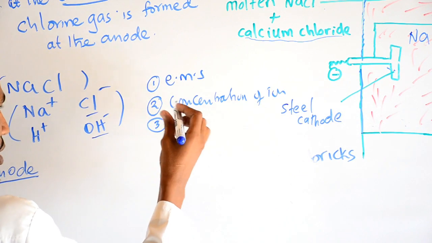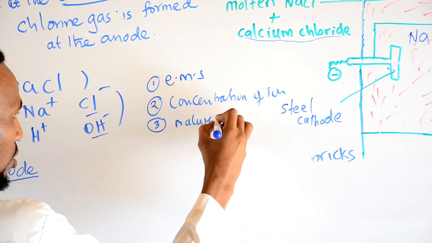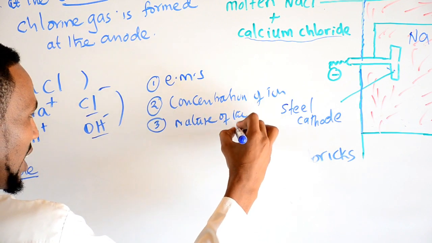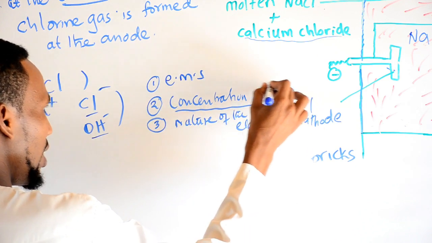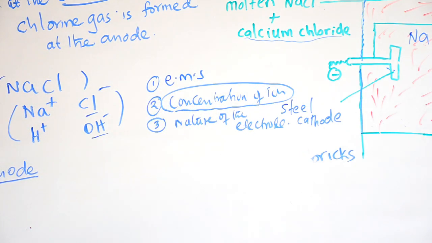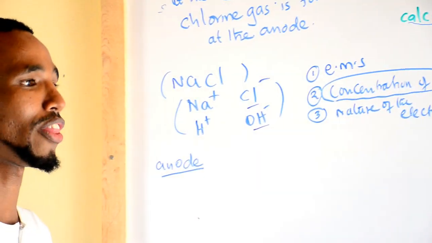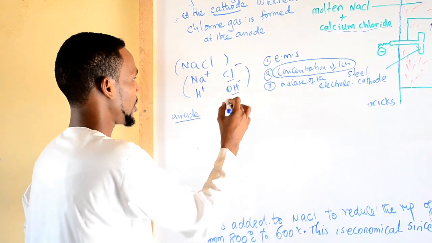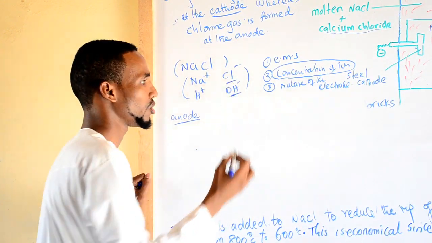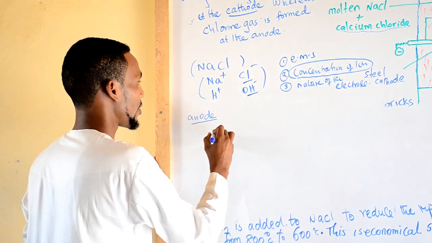And then number 3, we talked about the nature of the electrode. Those are the factors that we consider. For our case now, let us confine ourselves to concentration. This is concentrated sodium chloride. So the ion which is more concentrated is the one that is discharged. And between hydroxide ion and chloride ion, when they migrate to the anode, chloride ion is discharged.